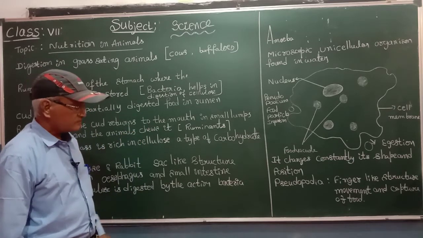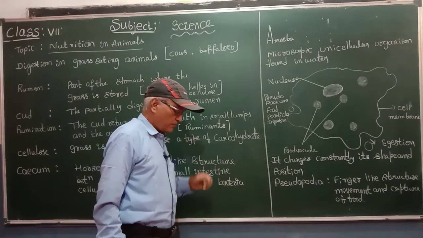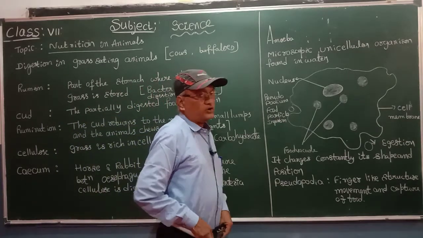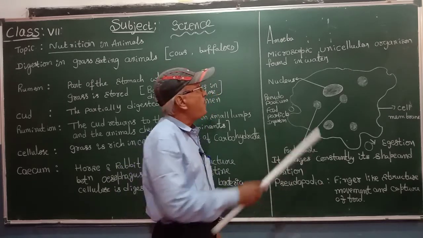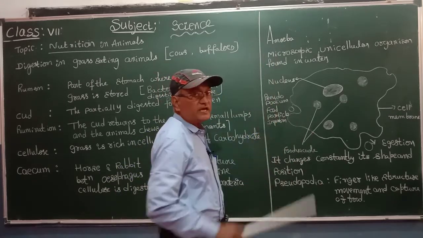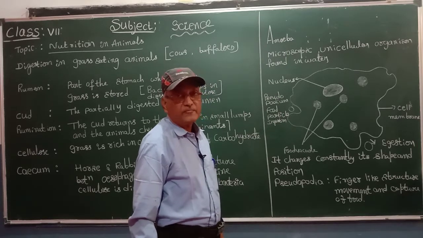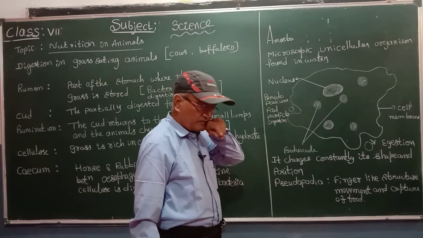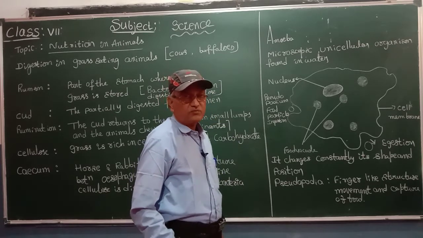Now next, one of what we call microorganisms. What do you call a microorganism? Amoeba is a microorganism which we cannot see with our naked eyes, it is microscopic.